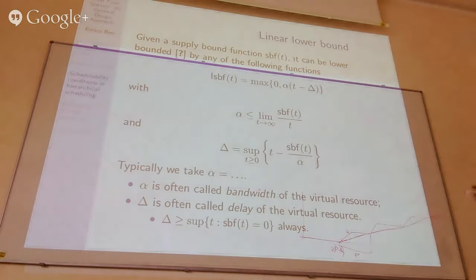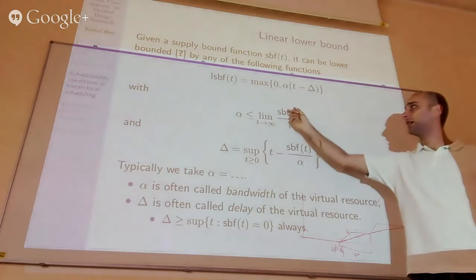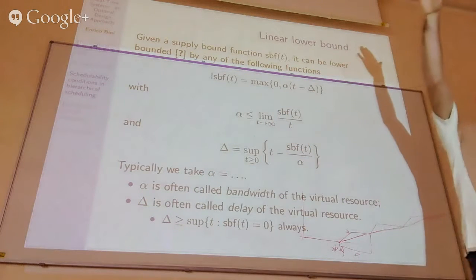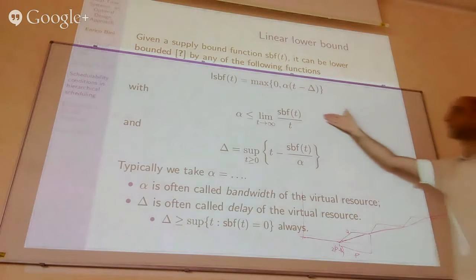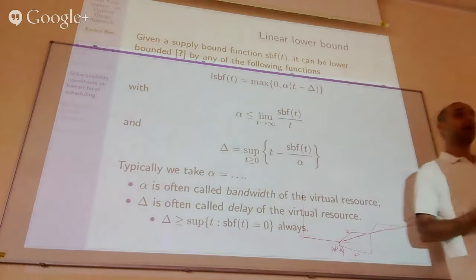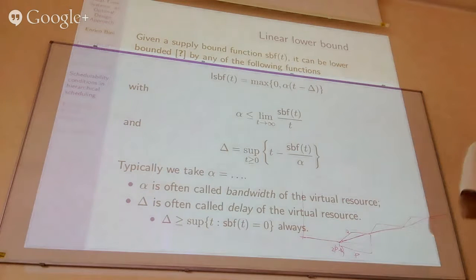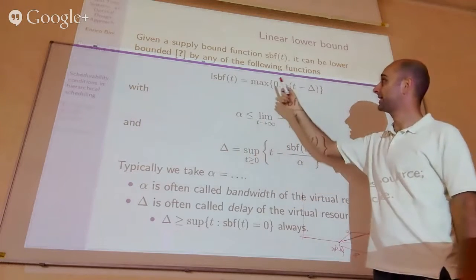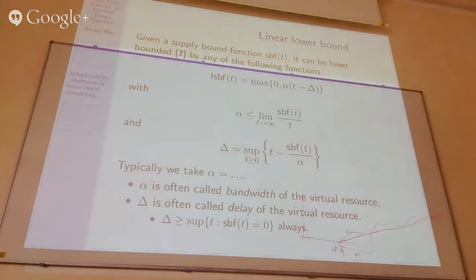So typically we define alpha as the limit of SBF of t over t, so that it is the slope in the long run, the amount of bandwidth. This is the bandwidth, right? How much time you provide over some length of interval, with the limit. And then we want delta to be such that this line is below the SBF, and you define delta this way.